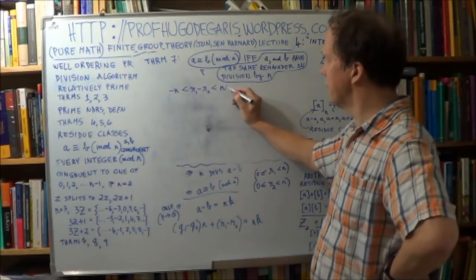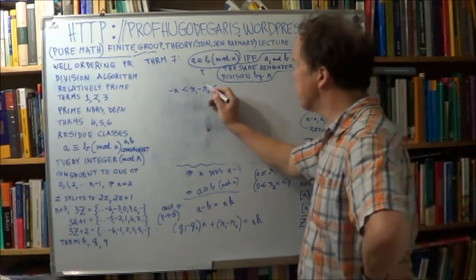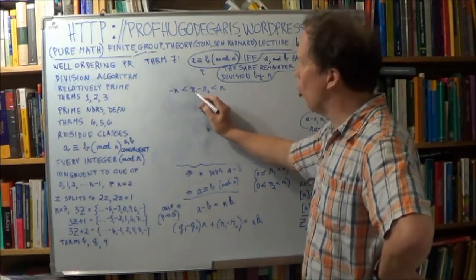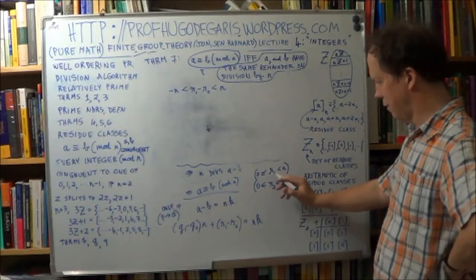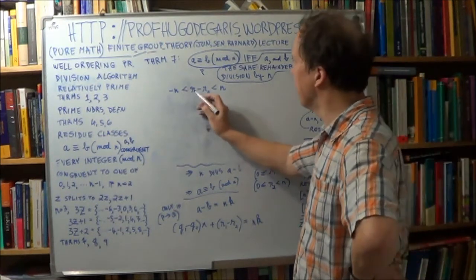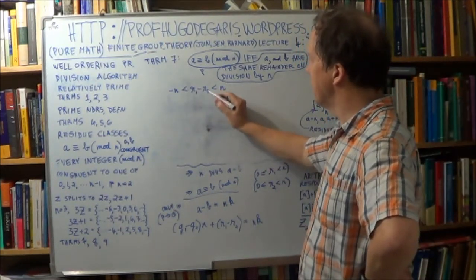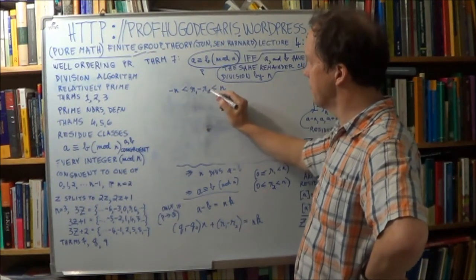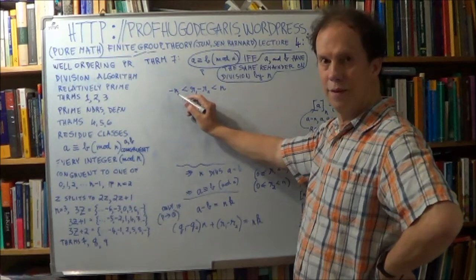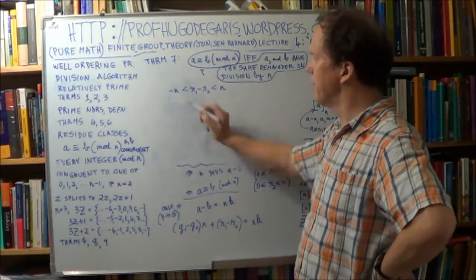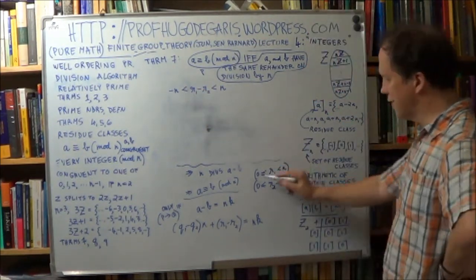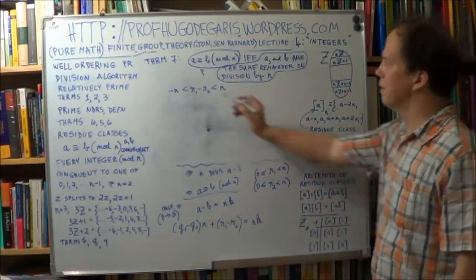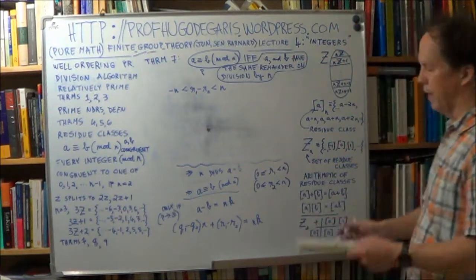So n's the limit. Now, what's the smallest this could be? Well, if R1's almost 0, or if it is 0, and R2 is almost n, then this difference is almost minus n. Does that seem plausible? Okay. So given these two, you can deduce this. Okay, and so let's assume this then.